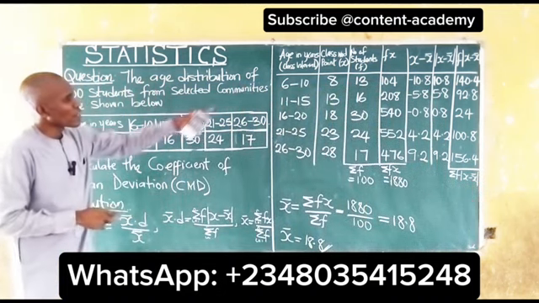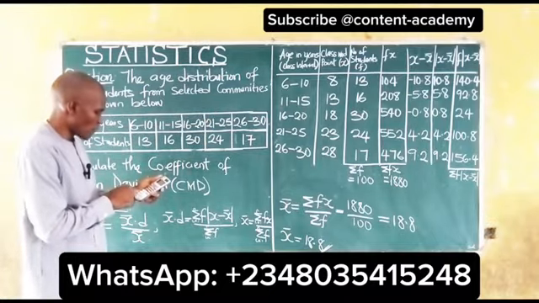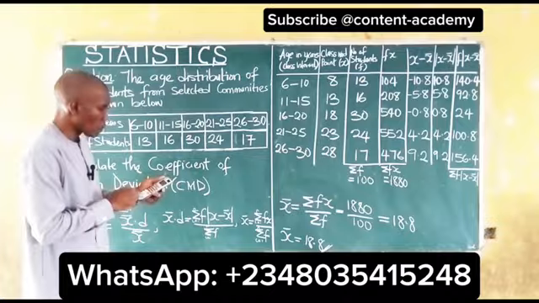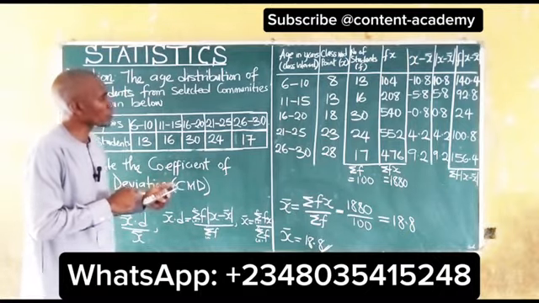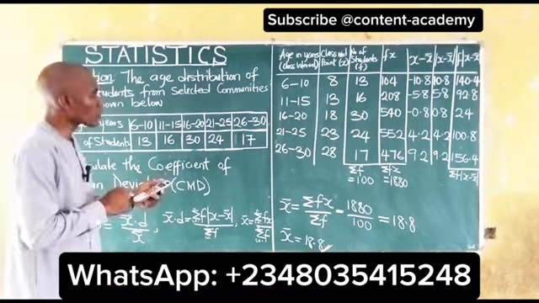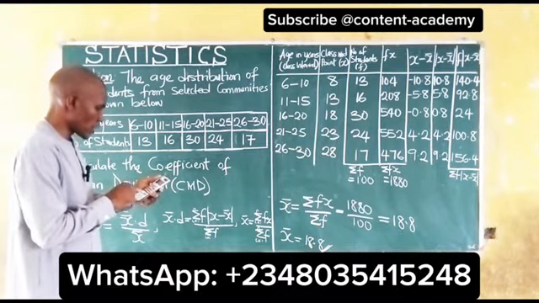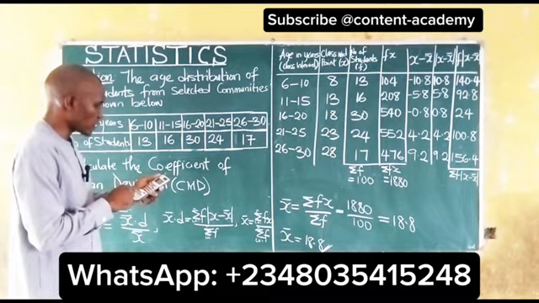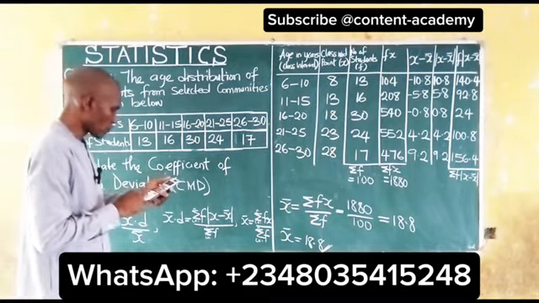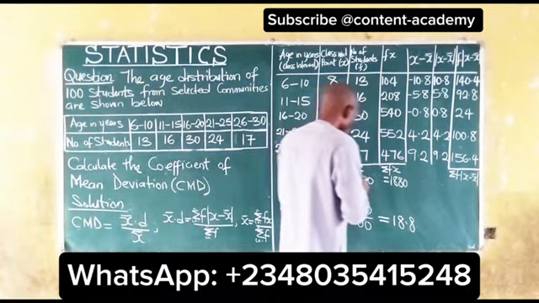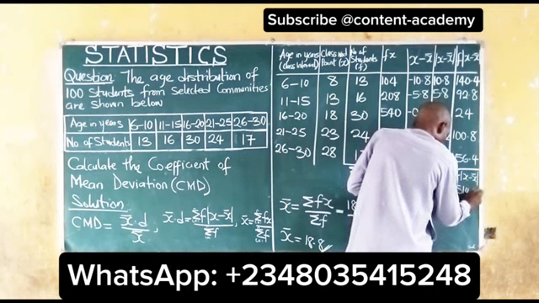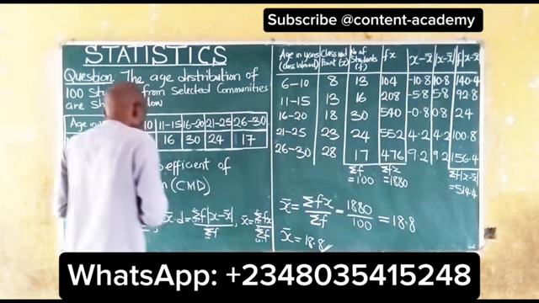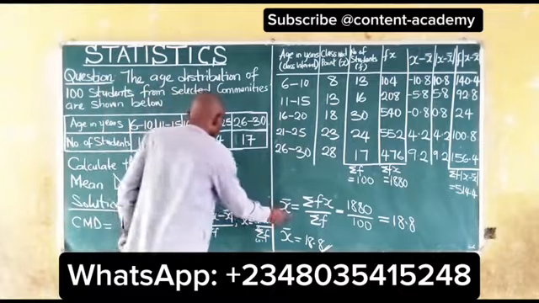Now we can find the sum of that: 140.4 plus 92.8 plus 24 plus 100.8 plus 156.4 is equal to 514.4. Of course, we have calculated our mean, which is this.